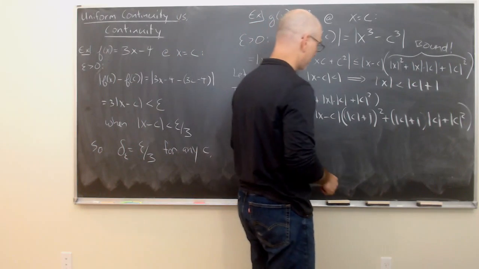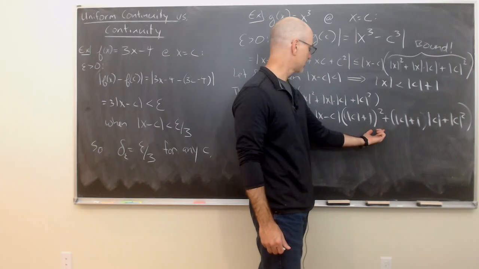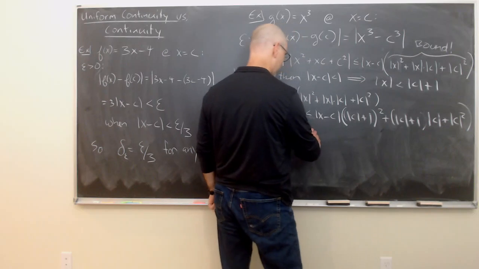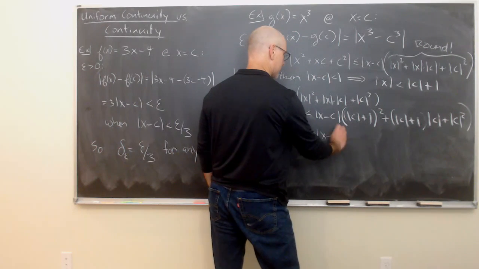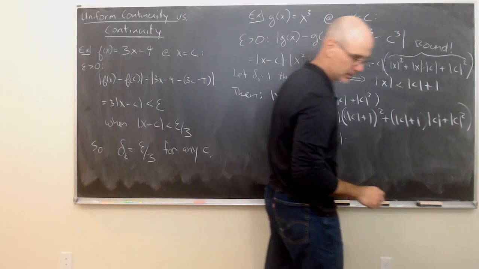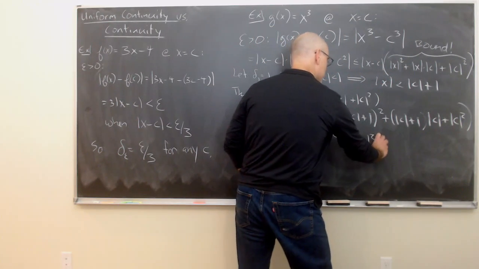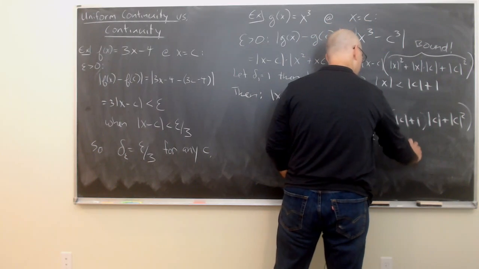All right, now inside these parentheses, the large bounded term, I can simplify, collect like terms, and then that's equal to |x − c| times (3c² + 3|c| + 1).